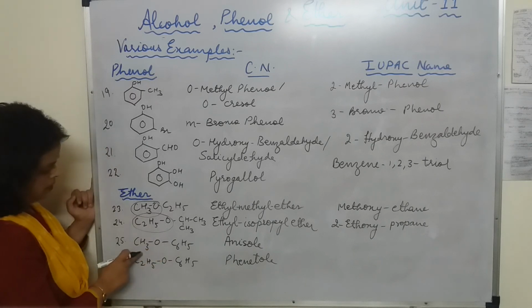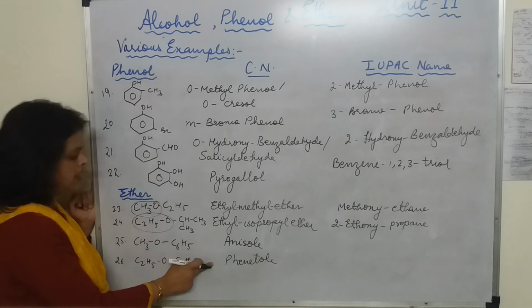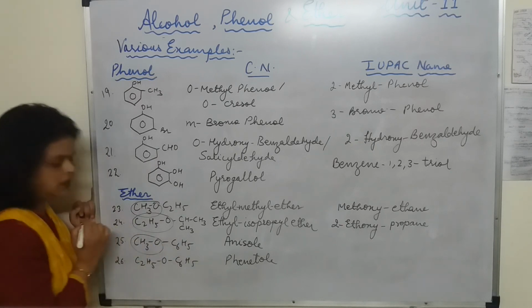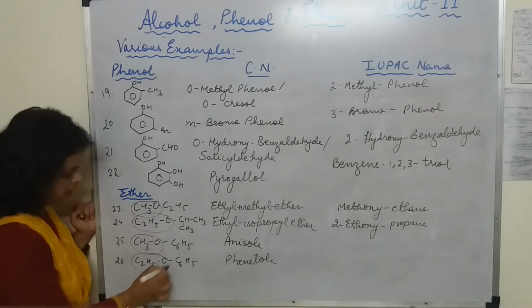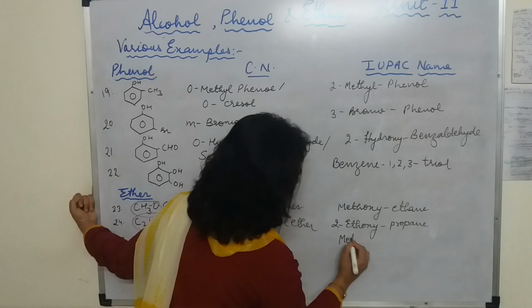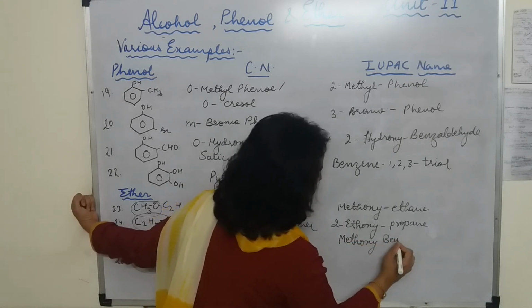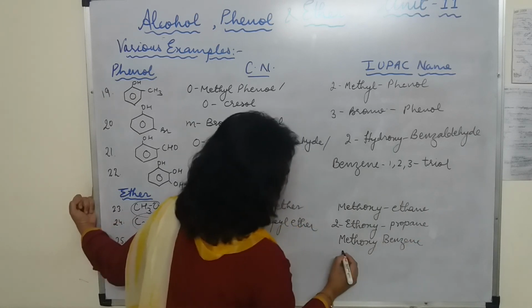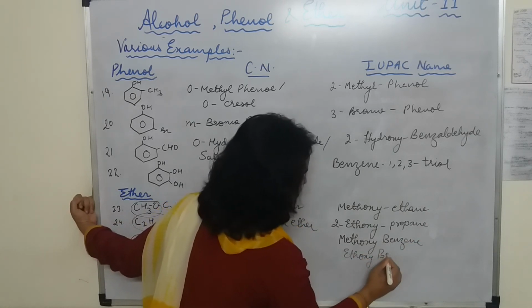Now, here the anisole name, it is written here as a common name, and if you have to write the IUPAC name, this is methoxybenzene, this is ethoxybenzene. So let's write them. This is first one, it is methoxybenzene. This is ethoxybenzene.